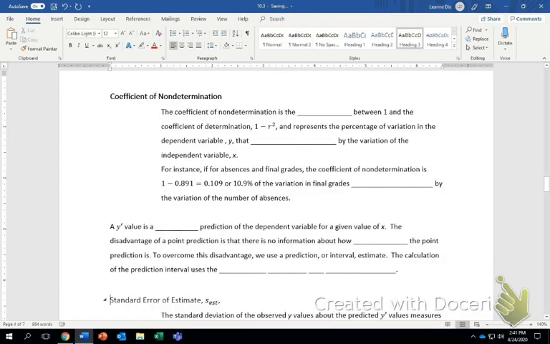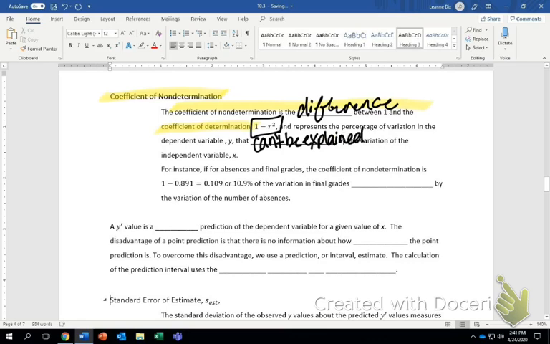Then the coefficient of non-determination is going to be the difference between 1 and the coefficient of determination. And here's the formula for you. It represents the percentage of the variation in the dependent variable that can't be explained by the variation of the independent variable.